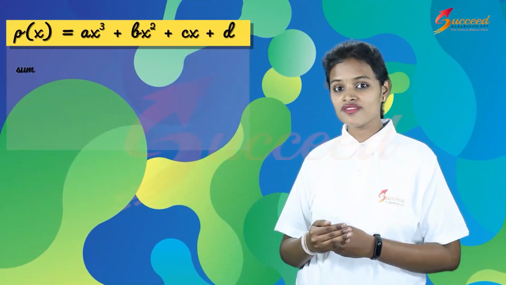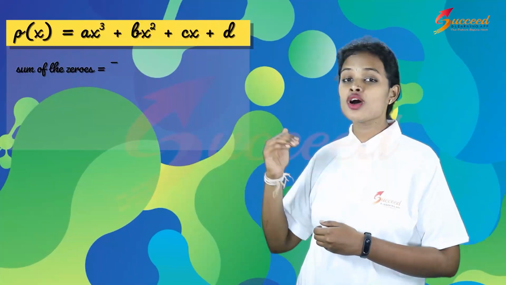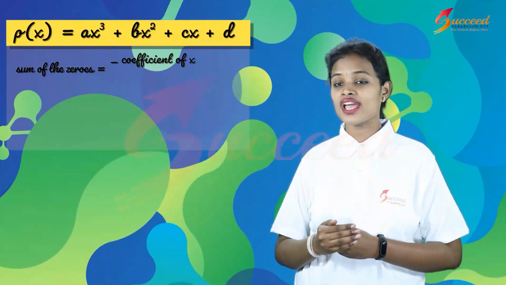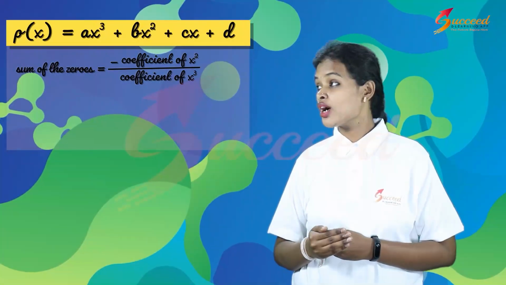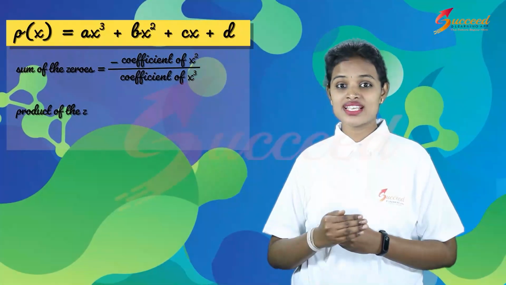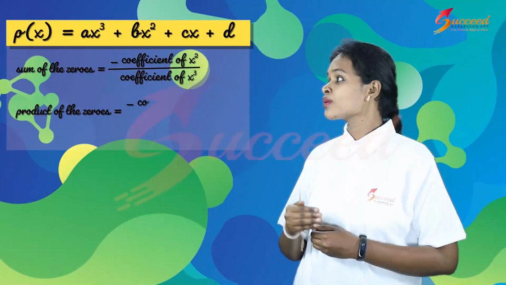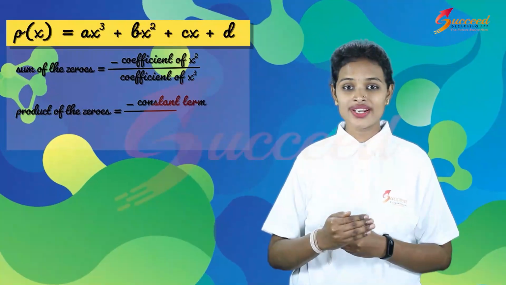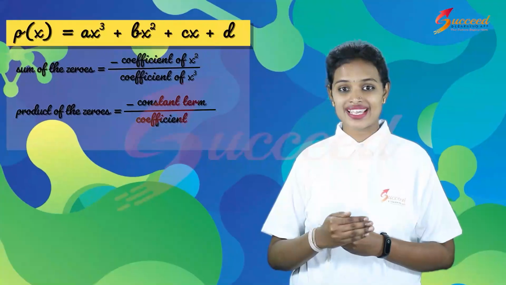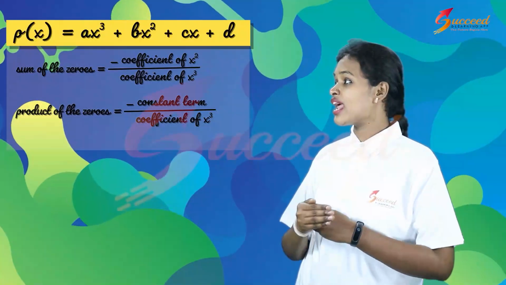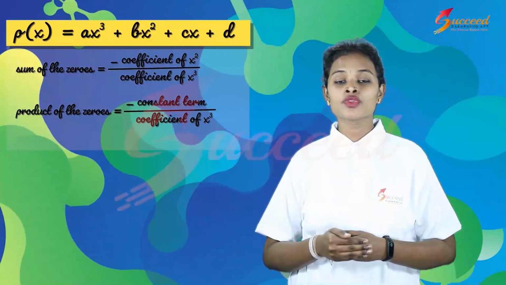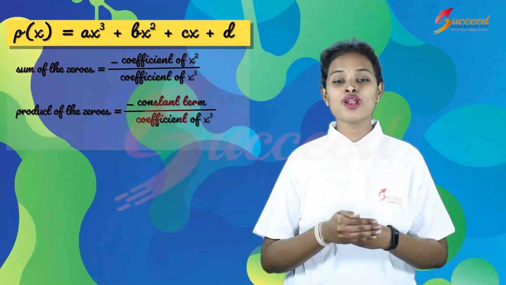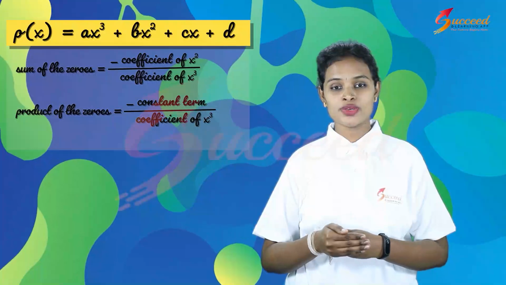The sum of zeros is equal to minus coefficient of x square divided by coefficient of x cube, and the product of the zeros is equal to minus constant term divided by coefficient of x cube. This will help you to find the cubic polynomial values. You can try with an example for cubic polynomial values.